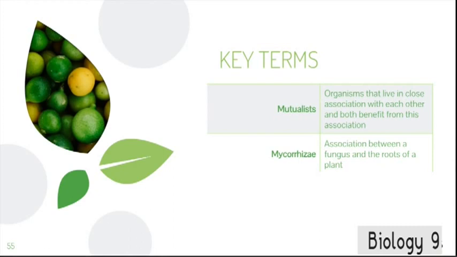An example of this is lichens, which are a combination of fungus and green algae or blue-green bacteria, and the mycorrhizae in there as well is another example of a mutualism.